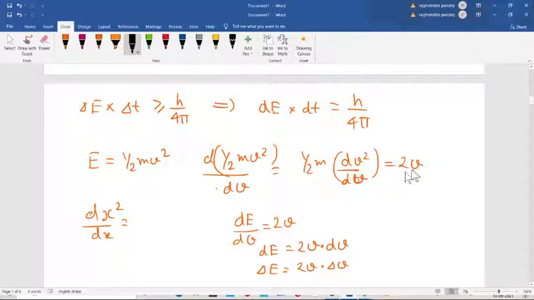If the equation is required, only delta P differential is required in this, and delta E differential is required in this. They will not ask you the differential of delta T and delta X, because these are fundamental quantities. You cannot derive anything from these. They are absolute things.